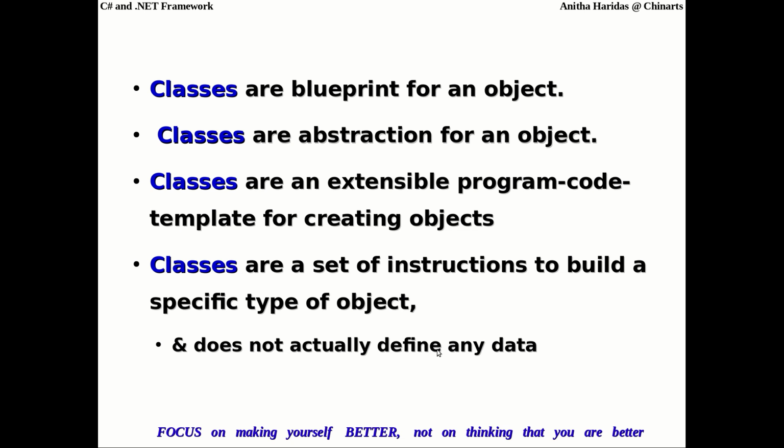They just give you an abstraction of a particular real-time object that you are going to encounter in a C# program. So any object-oriented programming language defines a class only to specify the skeleton or structure or the attributes of a particular real-time entity, and not the values of the real-time objects.